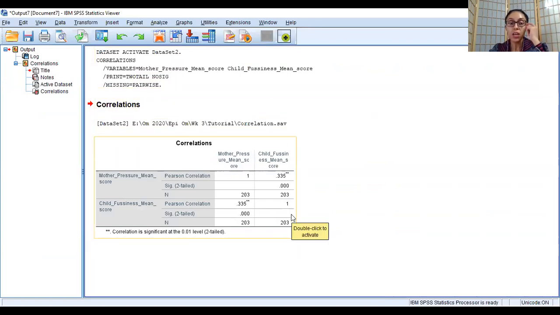I have copy pasted the same SPSS output in your PowerPoint, because there are a few values which I want to walk you through, and it will be easier to highlight and color code them on the PowerPoint. So now we will go on to the PowerPoint slide. Let me share it with you.